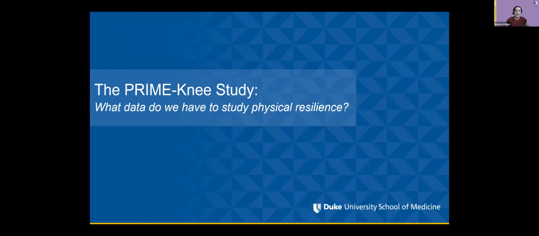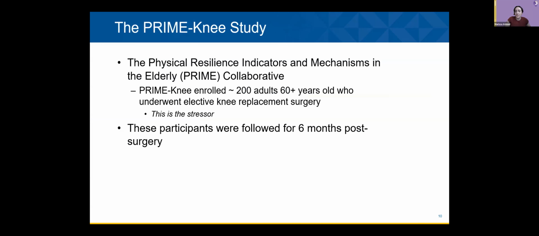Now that we have these baseline definitions, I'm going to talk about the Prime Knee study, which will tell us what data we have to study physical resilience. Because the Pepper Center has existed for a long time at Duke, the clinicians there did a prospective study called Prime Knee, and PRIME stands for the Physical Resilience Indicators and Mechanisms in the Elderly.